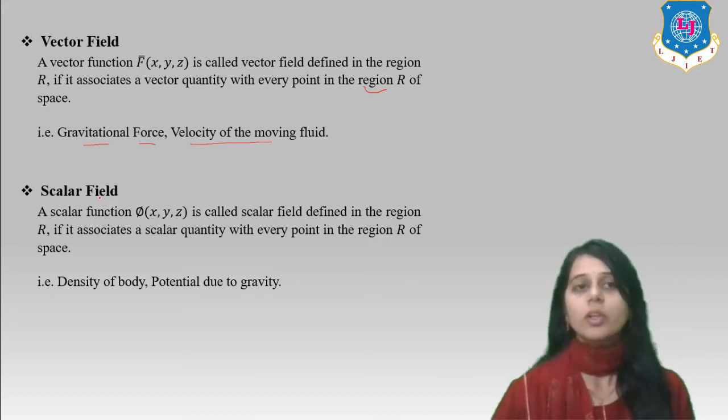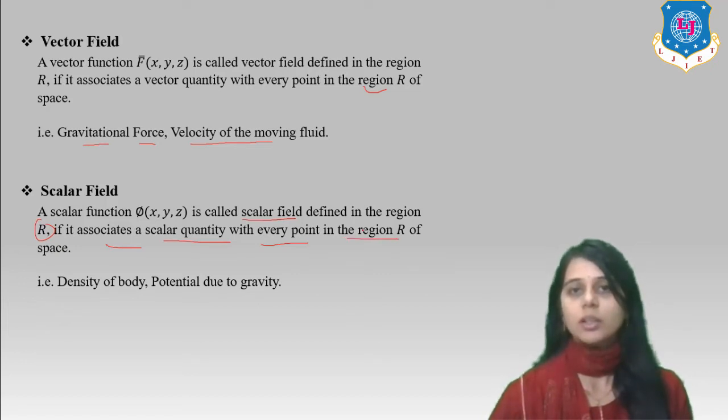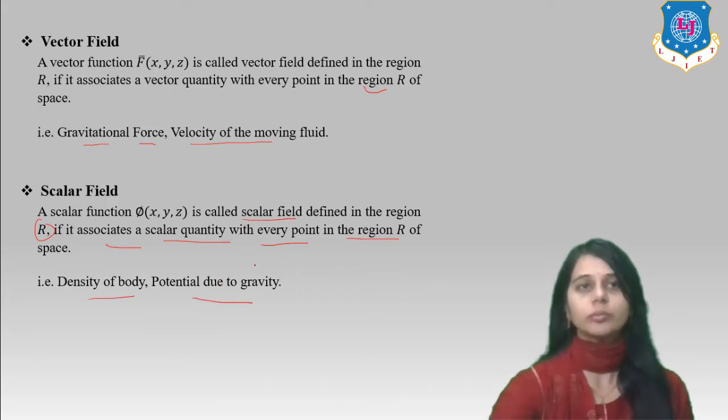Then scalar field. A scalar function phi xyz is called a scalar field in the region R if it associates a scalar quantity with every point in the region R of the space, like density of a body and potential due to gravity.